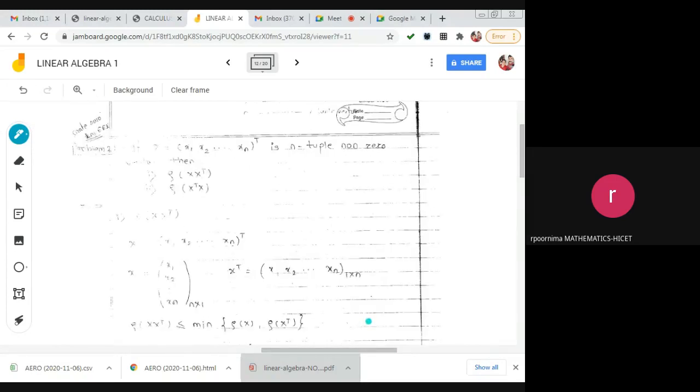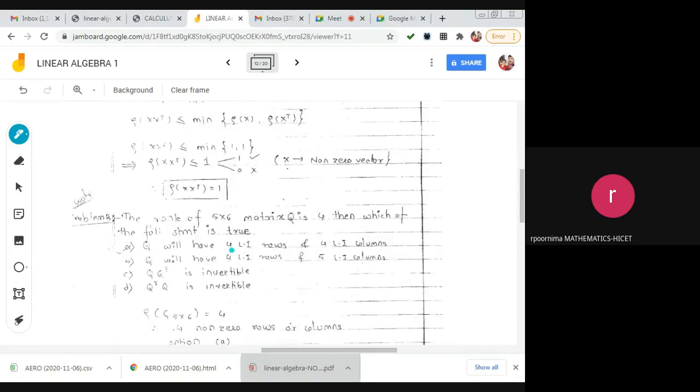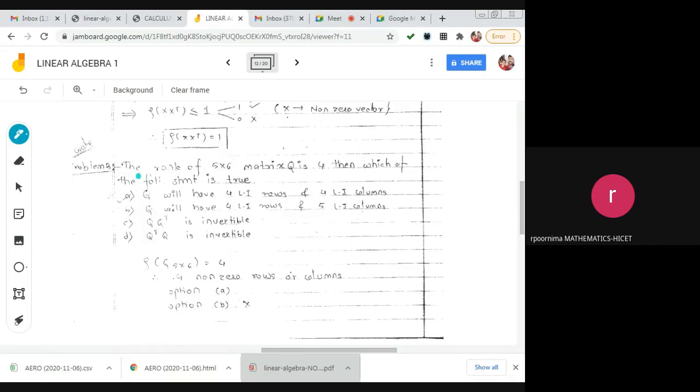In a similar way, problem 3: the rank of a 5 by 6 matrix Q is 4. Which of the following statements is true? Q will have 4 linearly independent rows and 4 linearly independent columns; Q will have 4 linearly independent rows and 5 linearly independent columns; Q transpose is invertible; Q transpose Q is invertible.